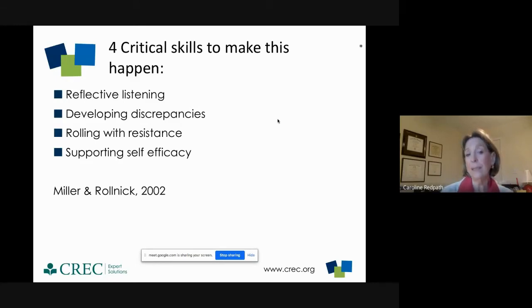Developing discrepancies, helping them see that on the one hand, I want to do this, but on the other hand, I want to do this. Learning how to roll with resistance, learning how not to butt up against the student, but to roll with where they are while evoking another reason for change.